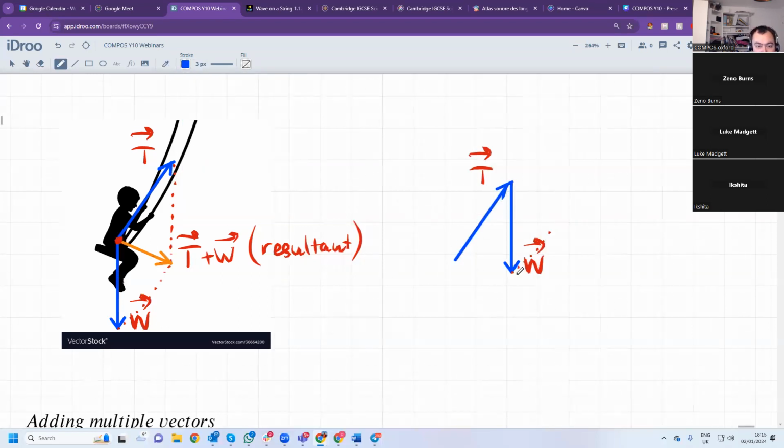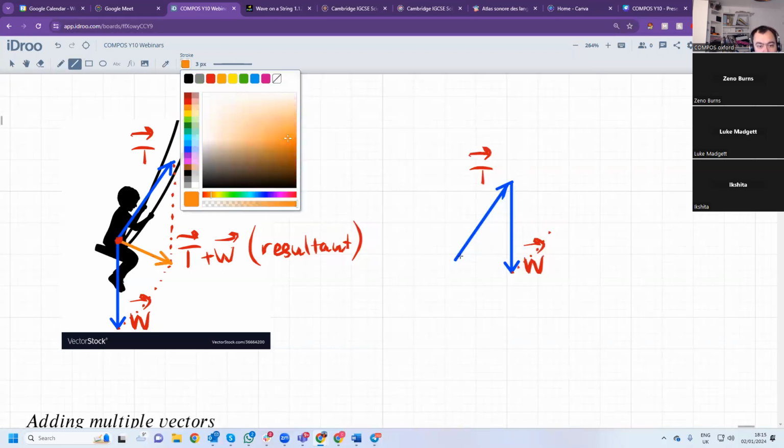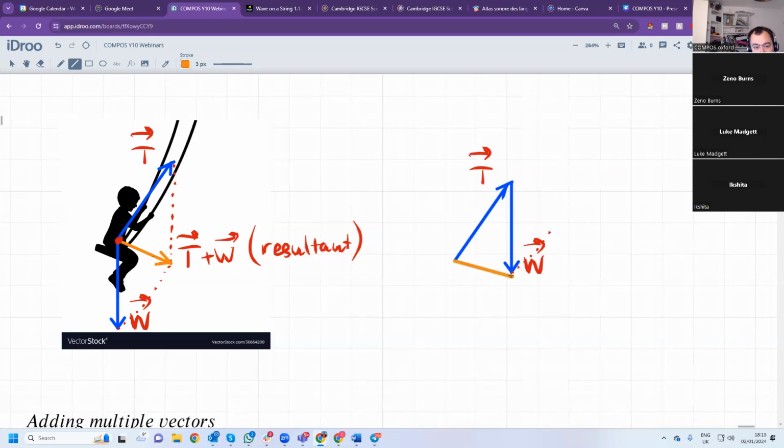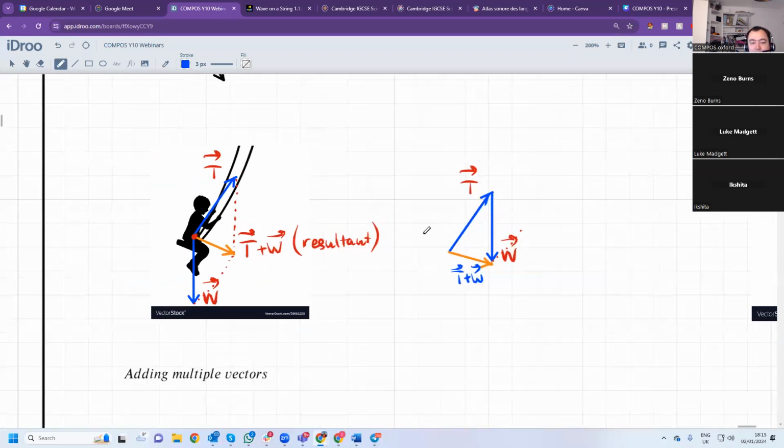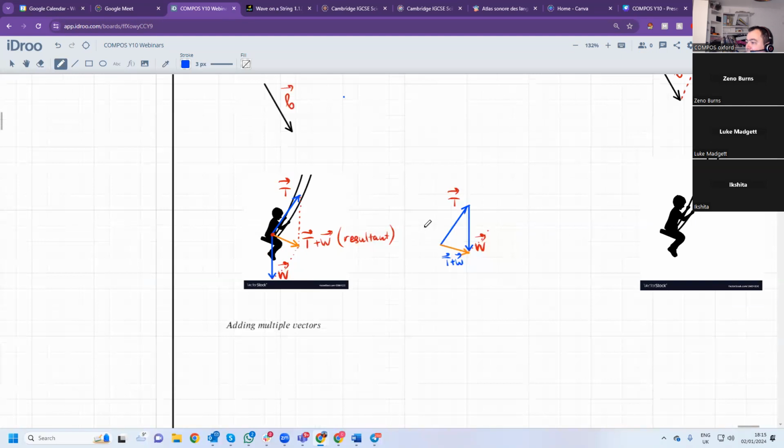The tension force, then W force, and then the total force is this one. It's the same force, so T plus W. This is using the triangle rule. This is the parallelogram rule. This is the triangle. I should do them the other way around, but I hope that makes sense. Any questions?